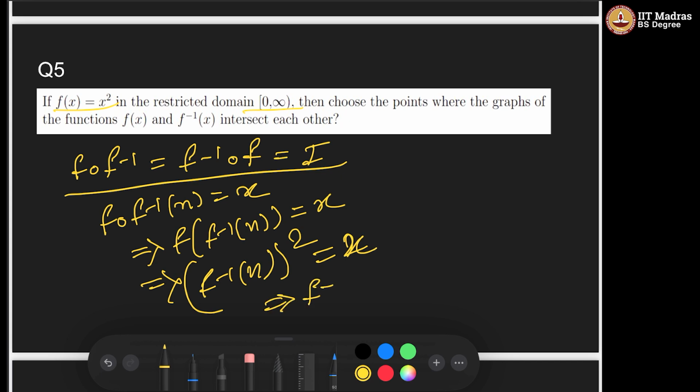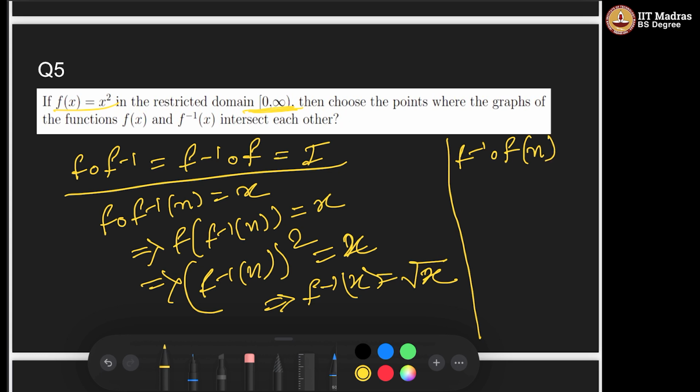So from here we get f inverse x equals root x. We are taking the positive sign because our domain is 0 to infinity and our codomain is also 0 to infinity.